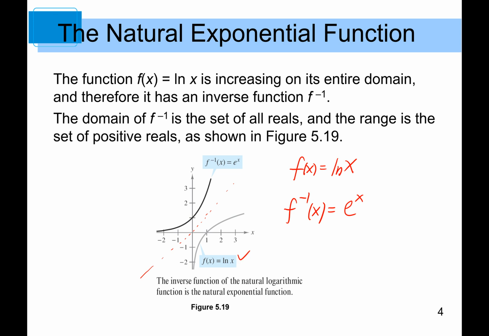The inverse function is e to the x, and since they are inverse functions, they are symmetrical with respect to y equal to x. Y equal to x is the symmetry line.